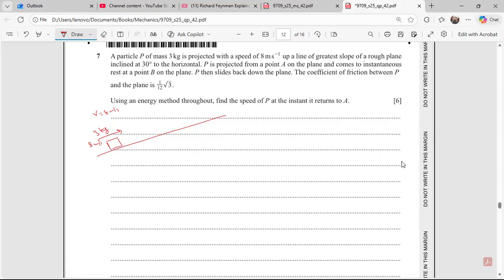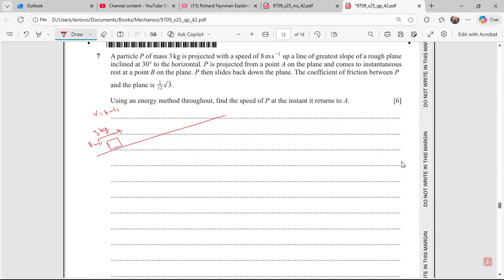You see, if this surface was absolutely frictionless, with no loss of energy against the friction, then whatever was its kinetic energy here, it will convert into potential energy, and that potential energy will convert back to kinetic energy, and it will have the same speed, that's 8 meter per second, when it comes down.